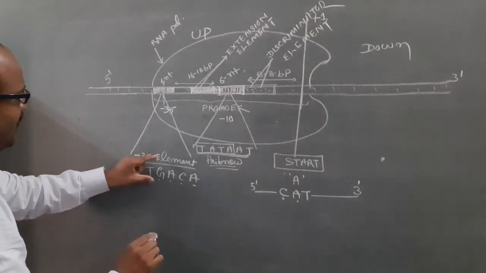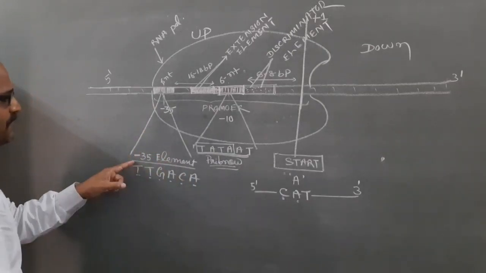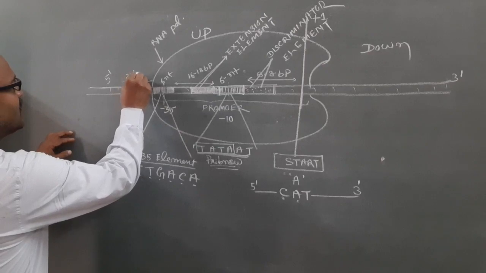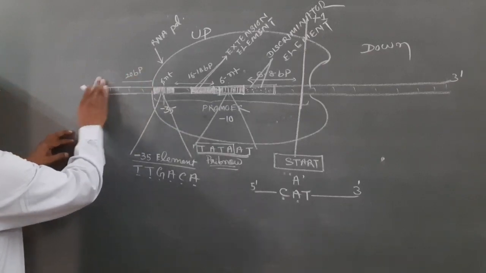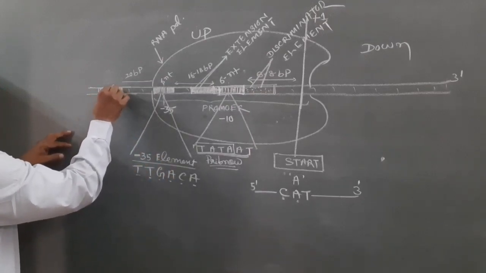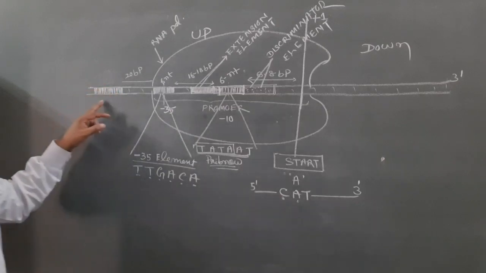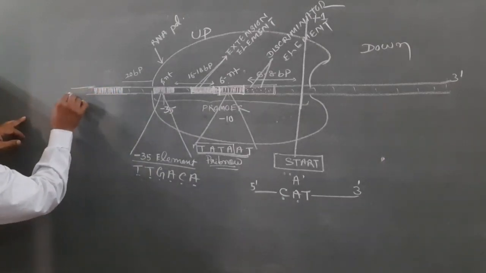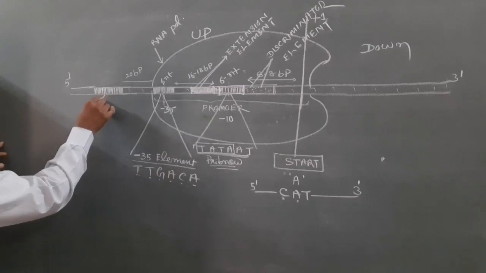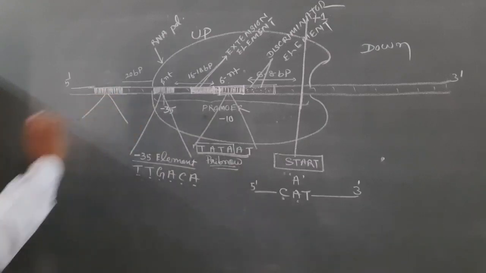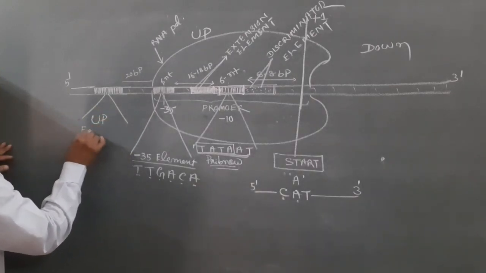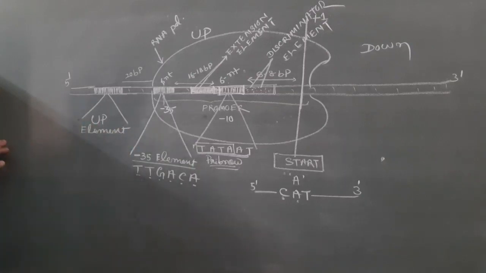So about 20 base pair distance towards upstream of the minus 35 element, there is a special sequence which is rich in A and T, and this region will interact with the RNA polymerase, and this region also provides the efficiency of RNA polymerase, and this region is known as the up element.